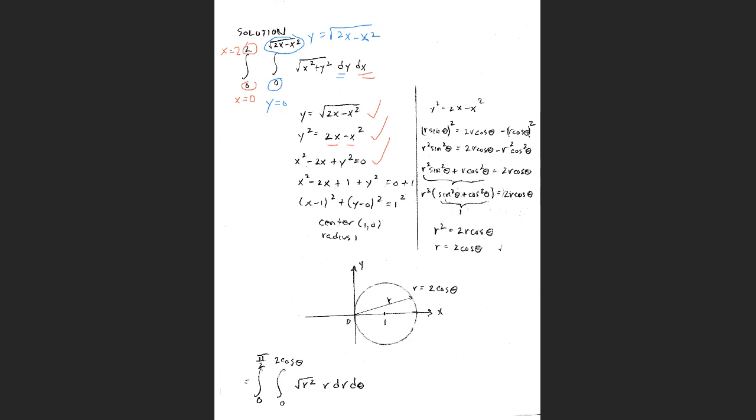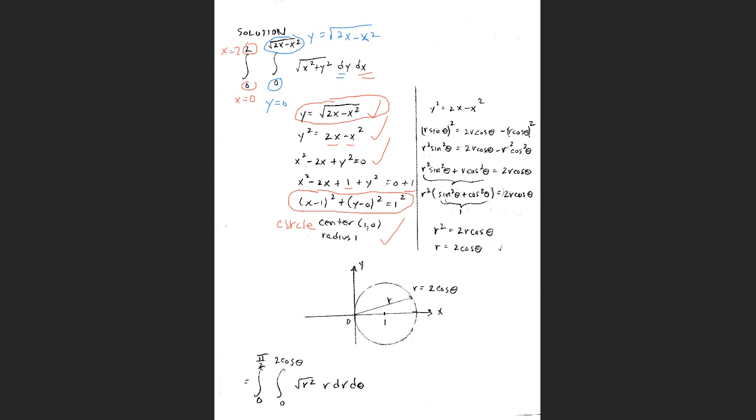Then I'm going to complete the square so that I can identify this function as a circle centered at 1, 0 with radius 1. Are there any questions up to here?